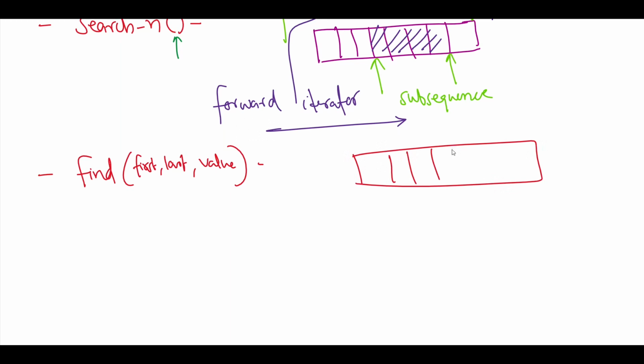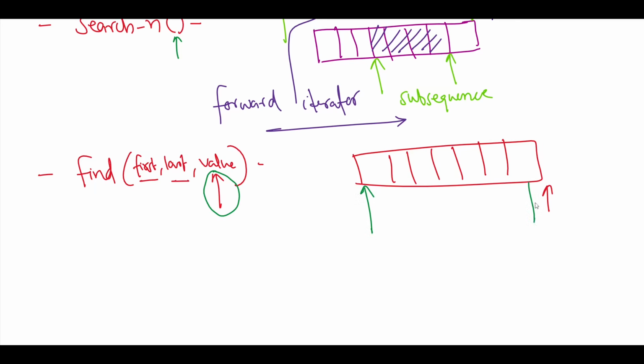So you could have a range something like this, and it will return an iterator to the first element in the range, first to last, that compares equal to this value. Clear? And if no such element is found, this function will return last. So basically this is a simple function and it's trying to find this value in this range from first to last.